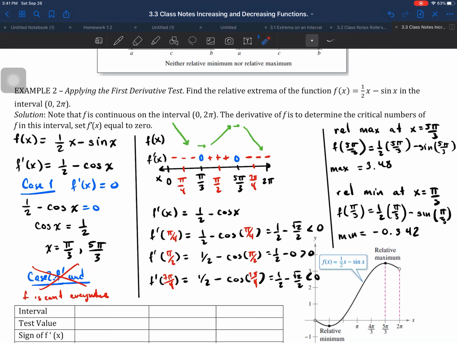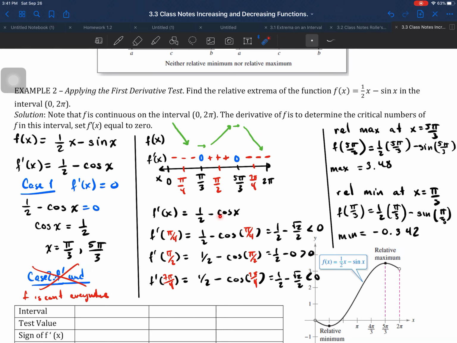So let's try. We have pi over 3, 5 pi over 3, 0, and 2 pi. Then choose numbers to test that are between 0 and pi over 3, between pi over 3 and 5 pi over 3, and between 5 pi over 3 and 2 pi. Now at some point I could have chosen pi.